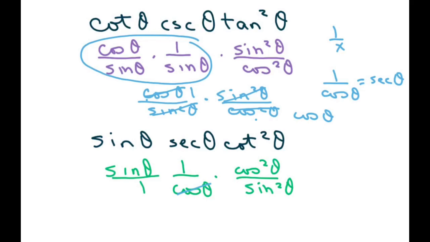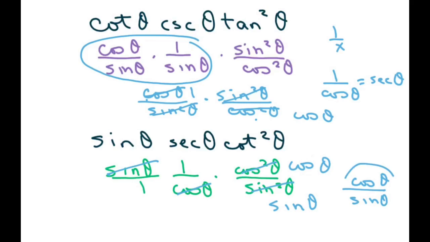Cosine goes into cosine squared once, so that's just 1 of them, sorry. And then this one goes into sine squared 1 time. So we get cosine of theta over sine of theta, and this equals cotan of theta. So this is x over y.